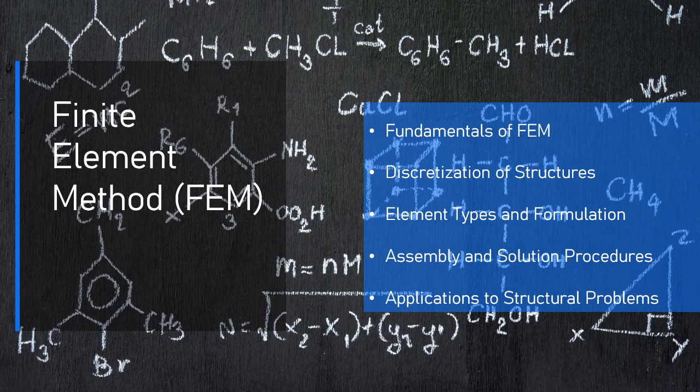Prescribed displacements may apply specific displacements to certain nodes, e.g., u equals 2. Rollers and hinges can apply constraints in certain directions, e.g., a roller restricts movement in the y direction but allows movement in the x direction.